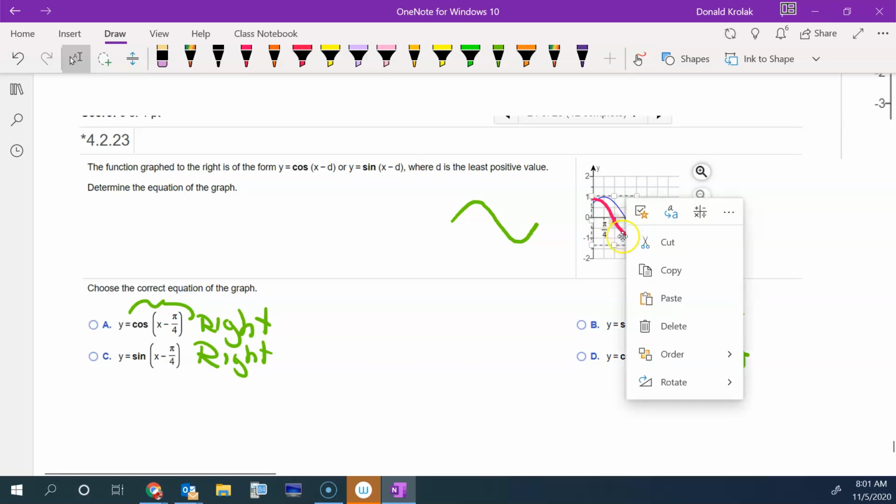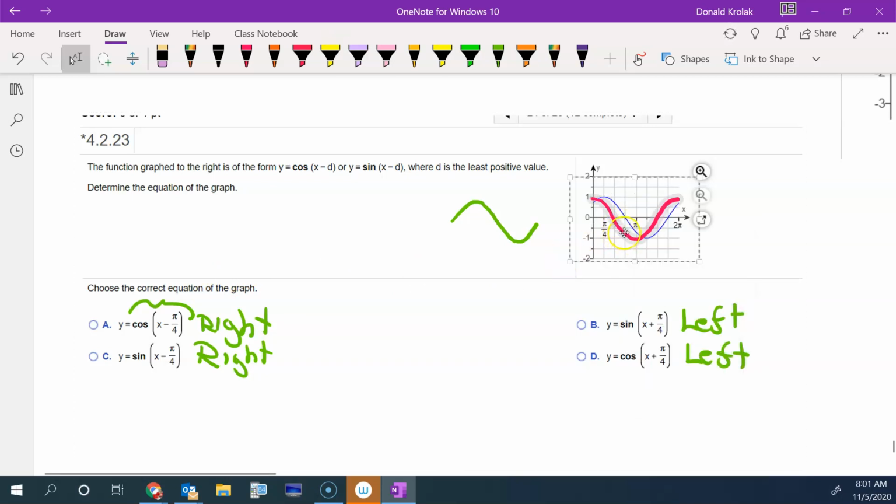So if I take cosine and I move it to the right pi over 4, I get the new graph. If I take sine and I move it pi over 4 to the right, I don't get the new graph. If I take sine and I move it pi over 4 to the left, I do get the new graph. So this should be either A or B.